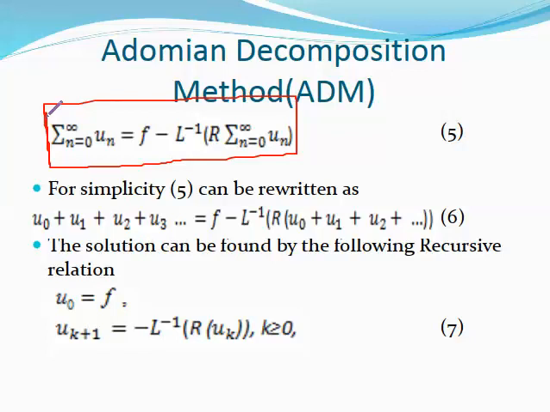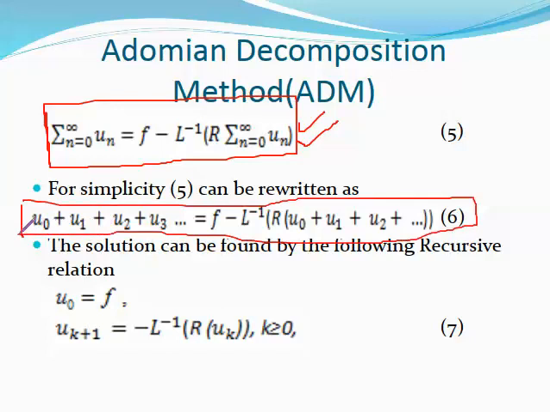If you open this series form, it can be written in this form as well. This is exactly the series form in which u naught, u1, u2, u3 are the unknown functions depending on the variables x and y. And this is again the remainder term, and L inverse is the invertible linear operator.